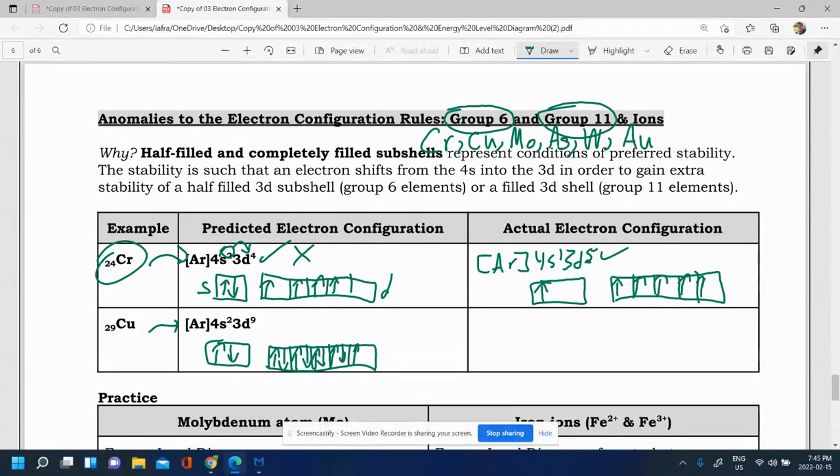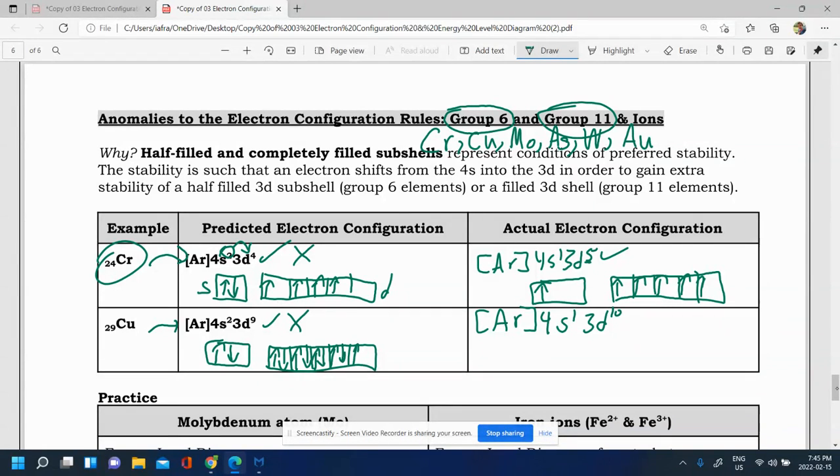And for copper, if you were to do this same exercise, you try to write it out, you would get this as your predicted, but it's actually wrong. The actual configuration, the experimental configuration, is actually Ar 4s1 3d10. Interesting, it looks like we took 1 from the S and we put it in the D over here.